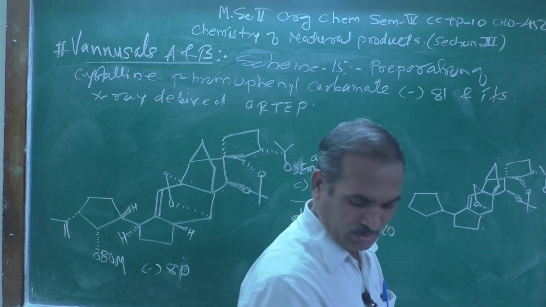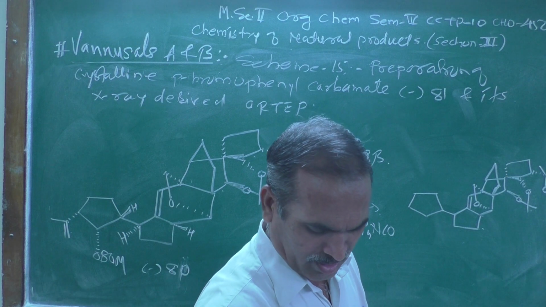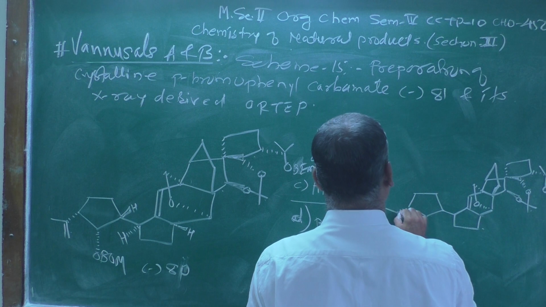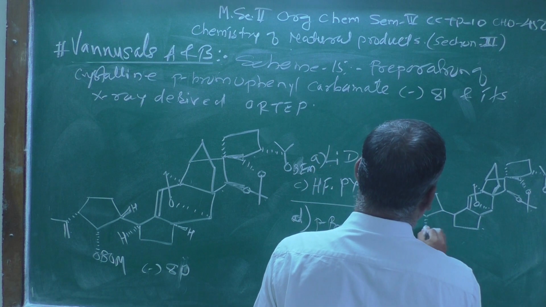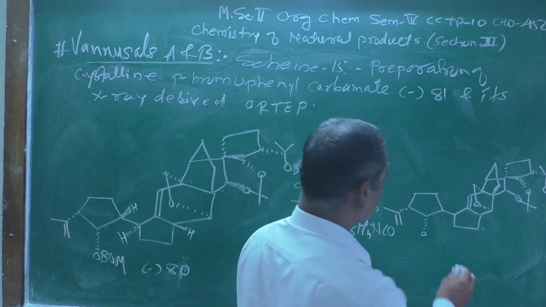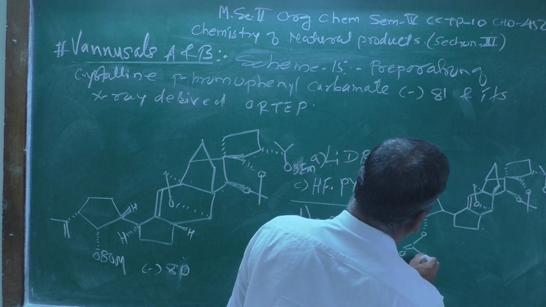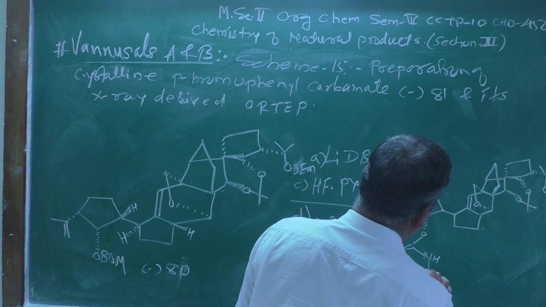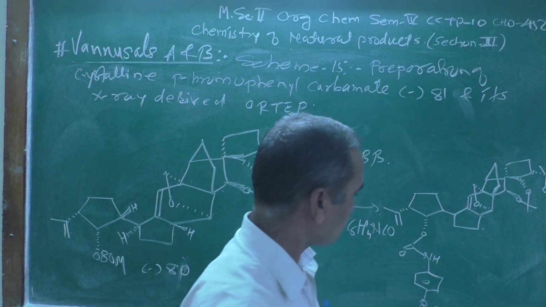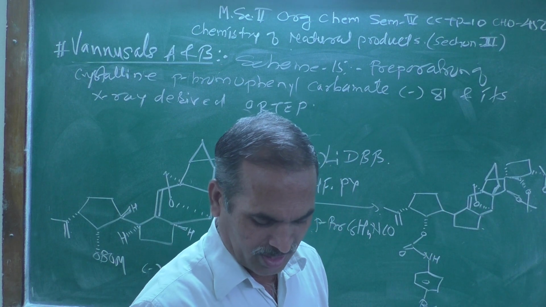Here the double bond is already there, and now what is going to happen? This isopropylene group remains as it is, here O, then C double bond O NH, then this is the p-bromo group attached over there.